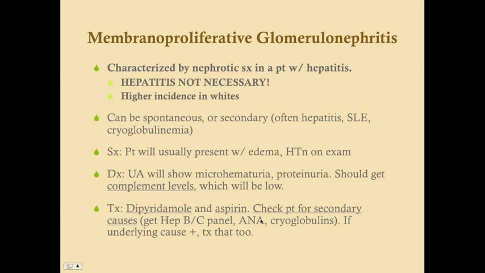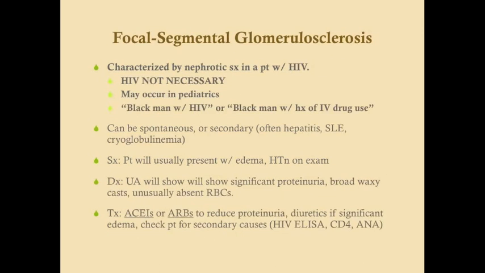And then you're going to want to also check the patient for any secondary causes, so hepatitis, SLE, and cryoglobulinemia, just because they so commonly cause this problem. And so you can get a Hep B and C panel, ANA, and cryoglobulins. And obviously whatever underlying cause they have, if that's associated with this, we're going to want to treat that too.